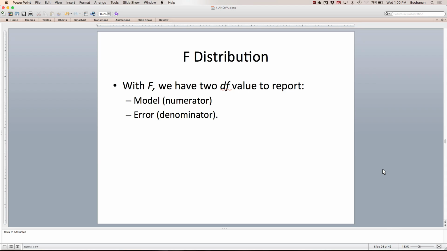So we went from 1 degree of freedom, and we're writing it like this. Now we're going to have 2: model, comma, error. If you're doing APA style, it's in subscript, no parentheses. So, like that.